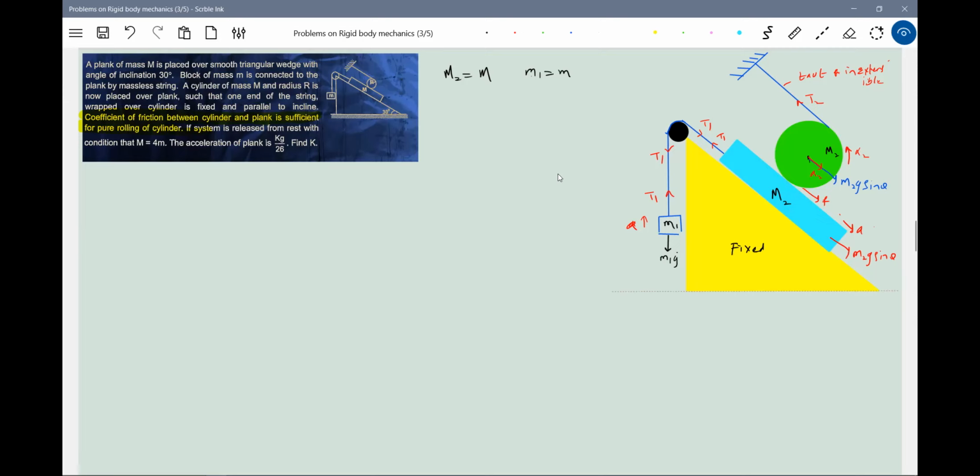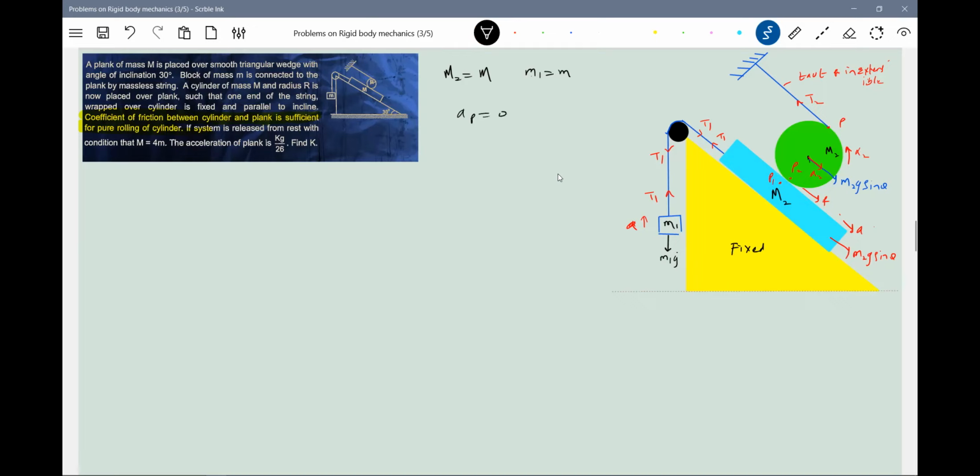Rest everything I'll write. So here is what we do: the acceleration of this point should be 0. This is very fundamental. I'll indicate this as P2, and this as P1. The acceleration of point P must be 0. Why should it be 0?